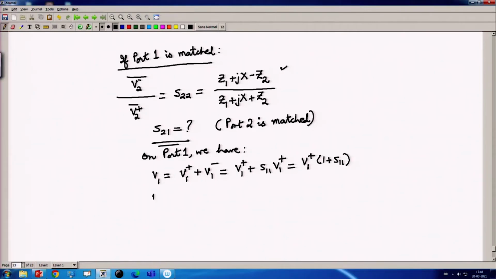Also, I1 is given by Y1 (V1 plus minus V1 minus), where Y1 is the admittance of the transmission line to the left, at port 1. So, that is equal to Y1 V1 plus minus Y1 S11 V1 plus.